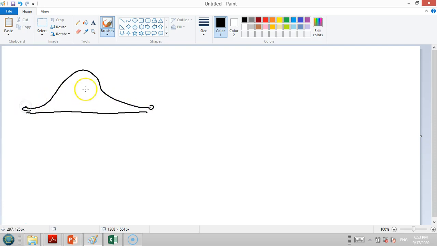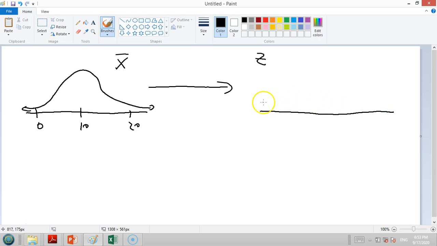Okay, so I have this x bar distribution. Let's say it's centered at 10 for simplicity. I get a number like 20 here, and I get a number like 0 here, okay, or something like this. And then I want to convert this into the Z. This is the Z test, okay? I convert it into a Z distribution.